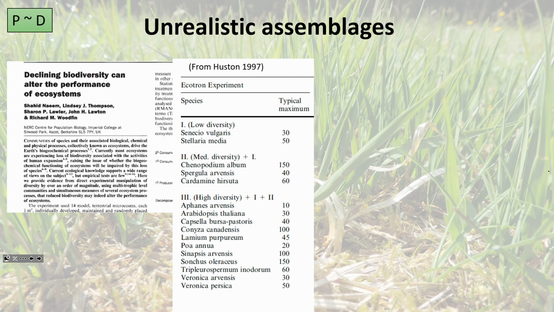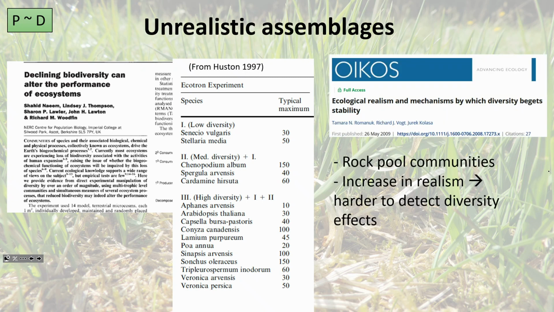So no big surprise that the productivity increased if you increase diversity by adding Chenopodium album. And then they had high diversity communities where they included some other funny species like Sonchus coloratus or even invasive species like Conyza canadensis. Again, not a big surprise, the productivity increased.